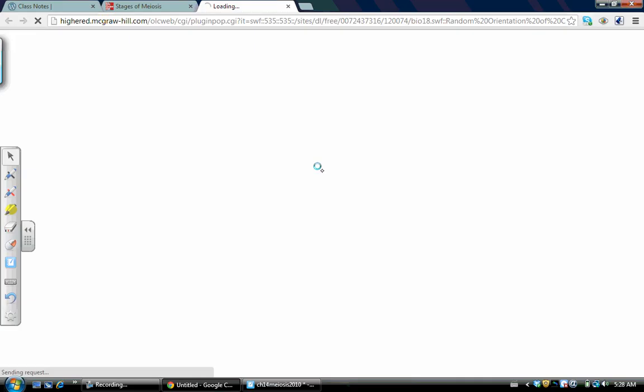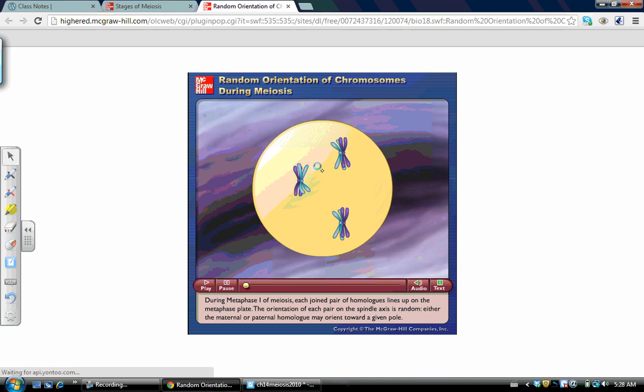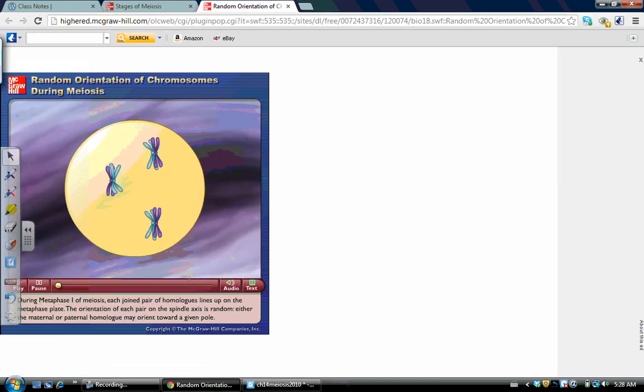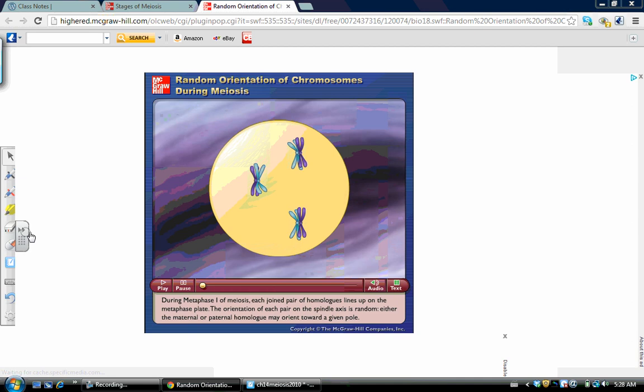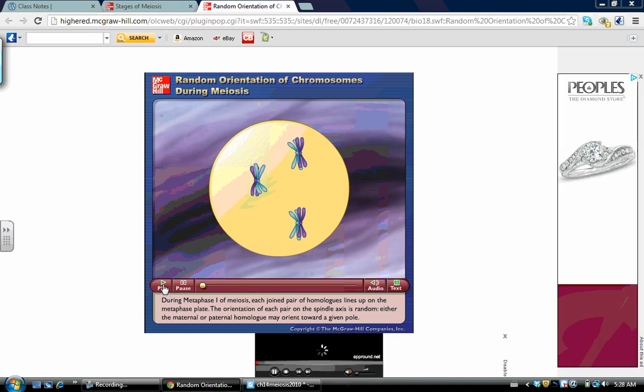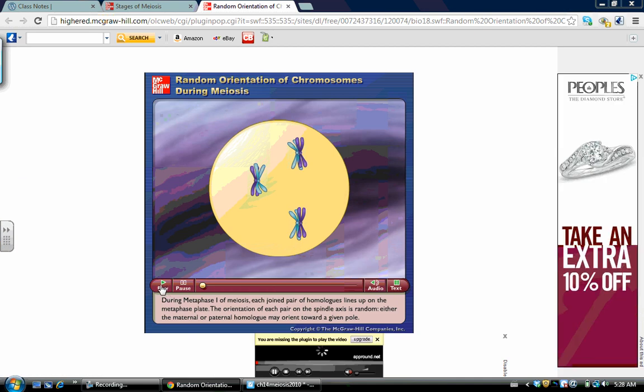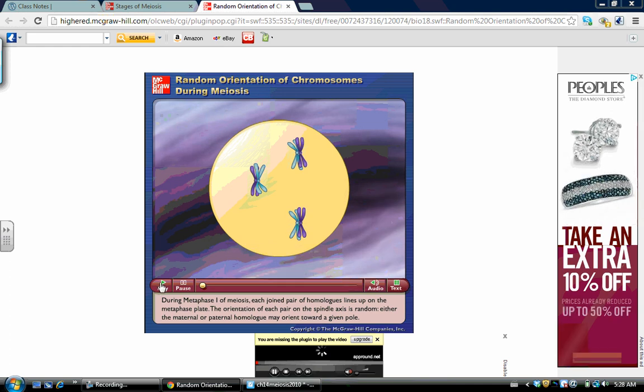My computer's a little slow, sorry. Ignore the ads, I don't know why they're there. Here we go.